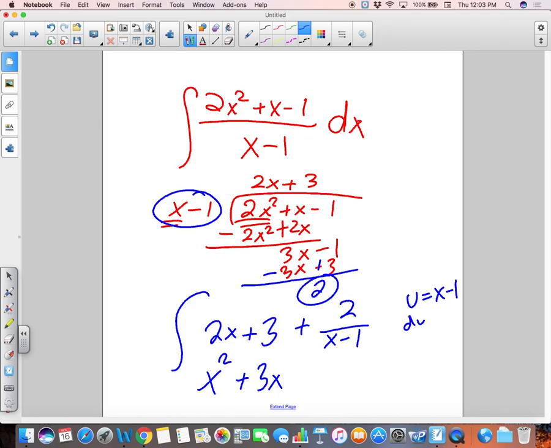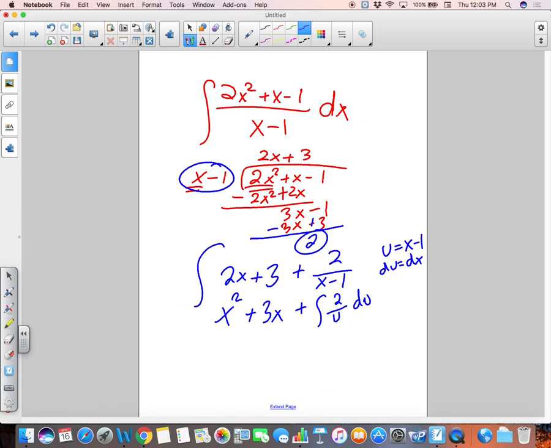So du is dx. I dropped the dx, right? But it's there. So I'm going to have the integral of 2 over u du. What's the integral of 2 over u? 2 times the natural log of the absolute value of u, x minus 1.